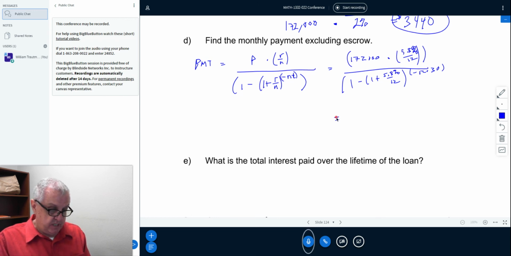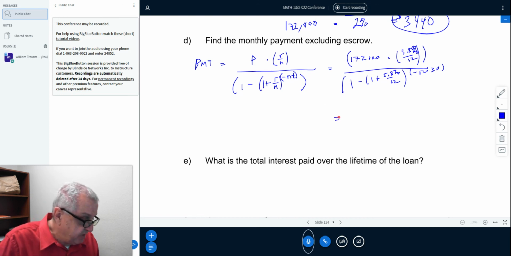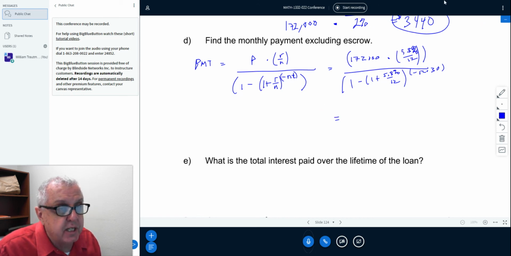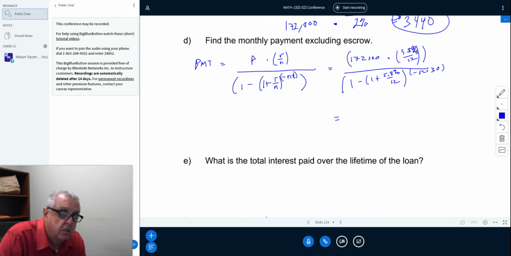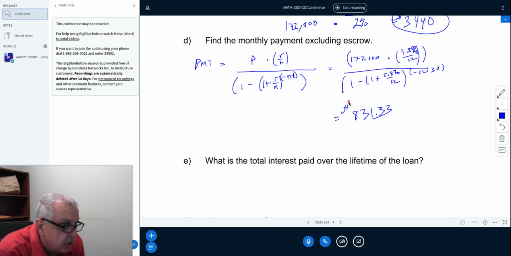Close that parentheses, raise it to a power negative 12 times 30, close parentheses, and hit enter. And I definitely got that wrong again. Okay, so I'm not sure, but this is what I got. If you got something different, that's okay. It should be close to this, 831.33. That's what I got. So the payments for 30 years are $831.33.